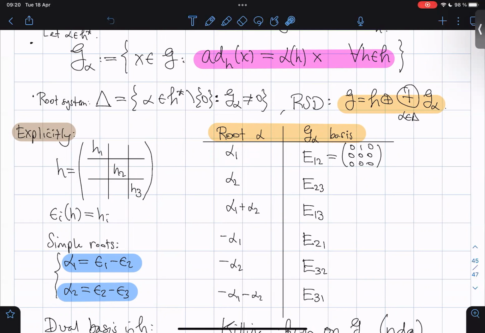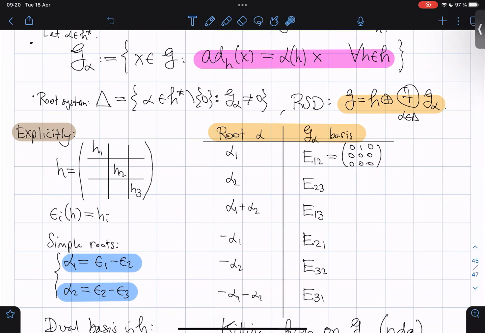I have to review what this is. The so-called simple roots are as follows. Alpha 1 is epsilon 1 minus epsilon 2. What are these epsilons? These are basic functionals that take as input H and spit out the ith component. So alpha 1 evaluated on this H would give you H1 minus H2.